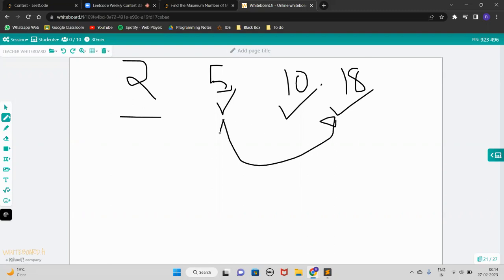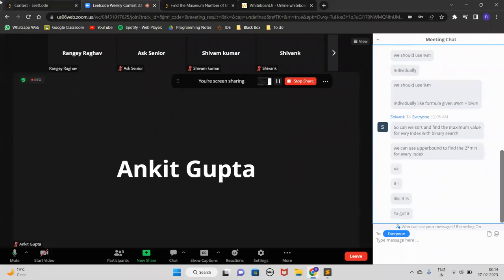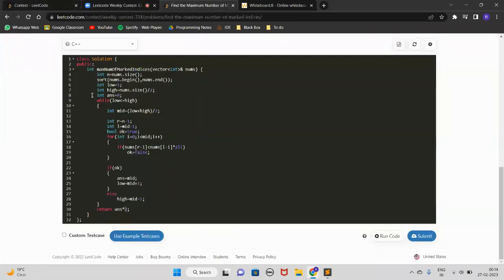So we'll have to first remove this 5 and then this 2 to get the optimal answer. If we remove this 2 before this 5, then we will not get the optimal answer. That is why we will not use upper bound or lower bound. We can use the binary search approach.